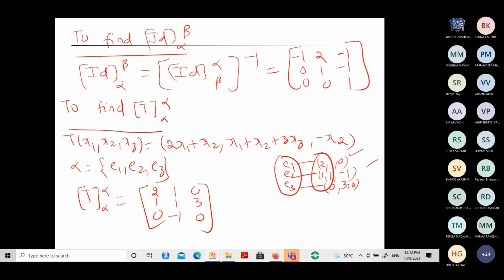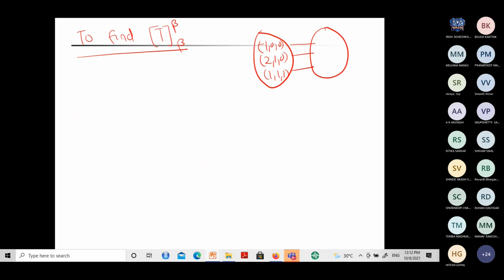Take (-1, 0, 0). Take this linear transformation. x1 is -1, x2 and x3 are 0, 0. So -2, -1, 0. Correct.